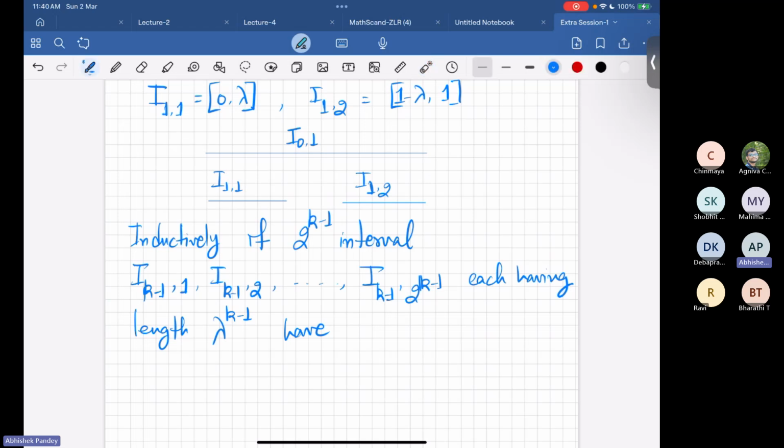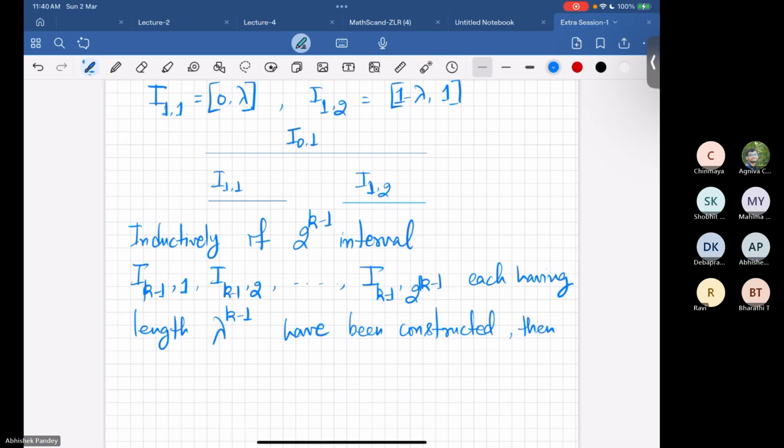So length lambda to the k minus 1 have been constructed.